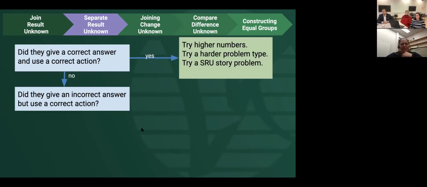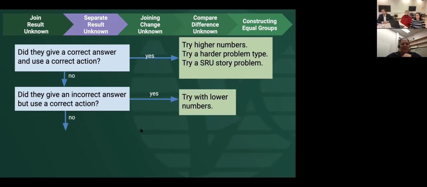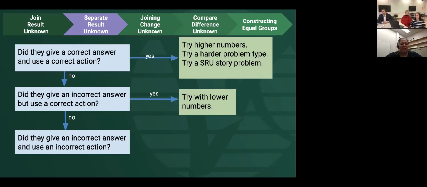If she had accidentally counted only to 6, or if she'd pulled away 2 cubes and then counted the set and come up with 4 or something, then you could try it with lower numbers and see. These were fairly low numbers that you were working with, and the rotation of those cubes didn't hurt. And then, did they give an incorrect answer?